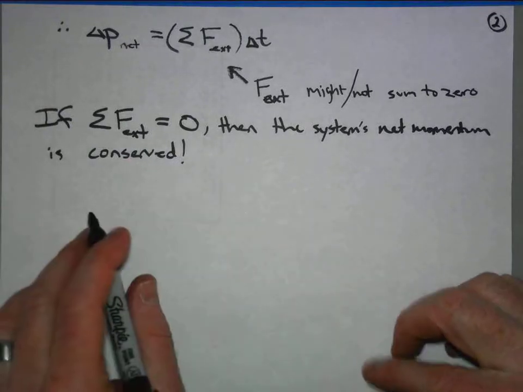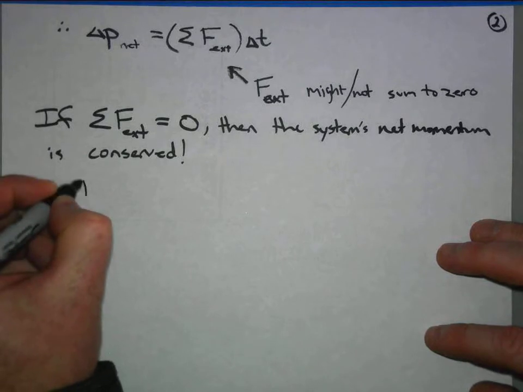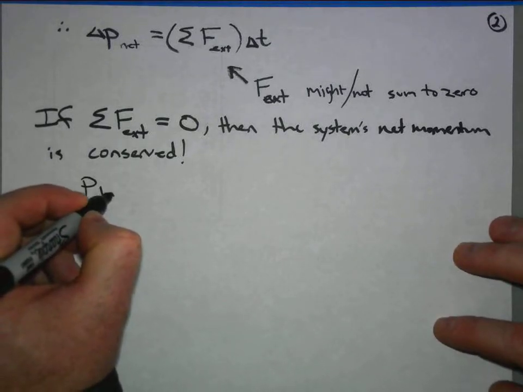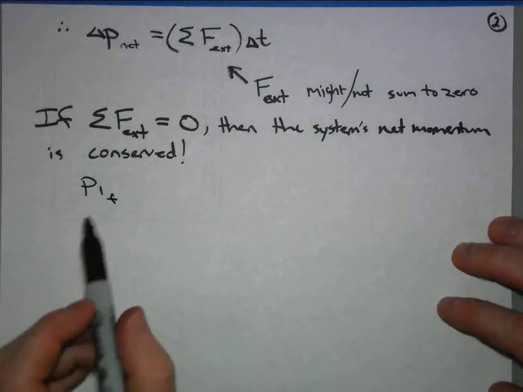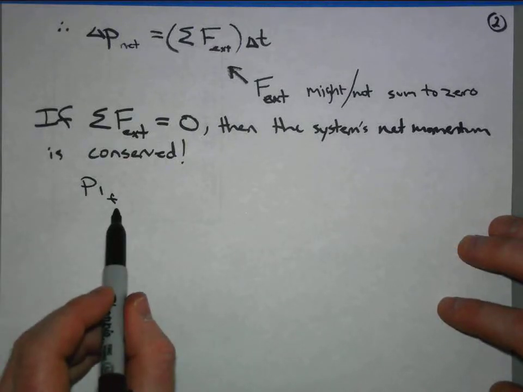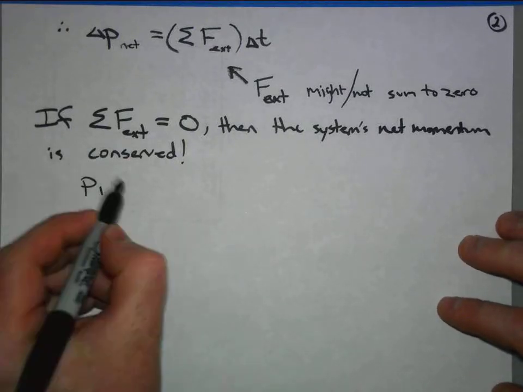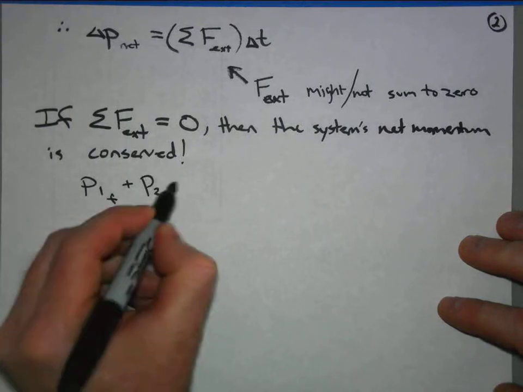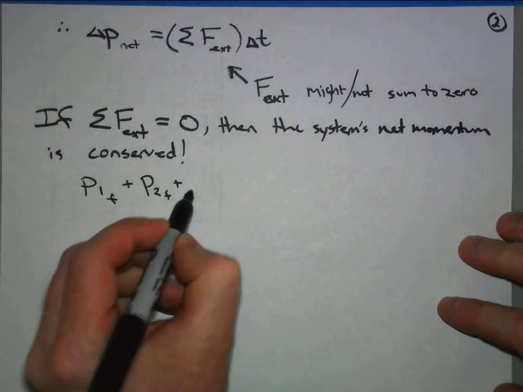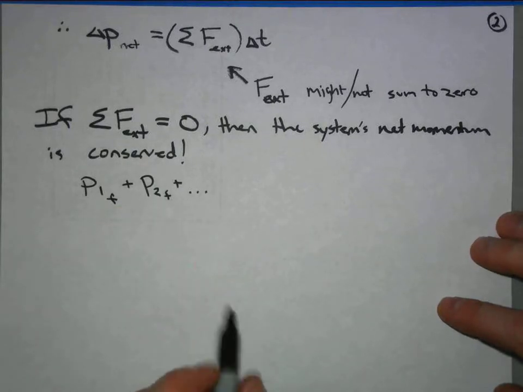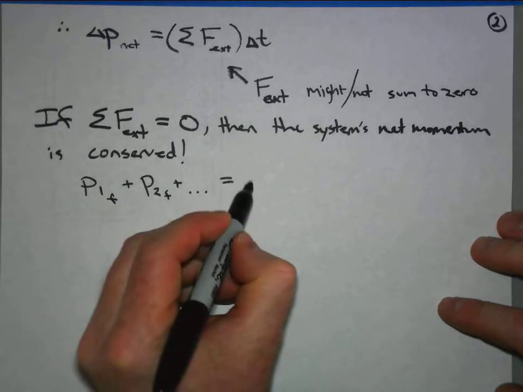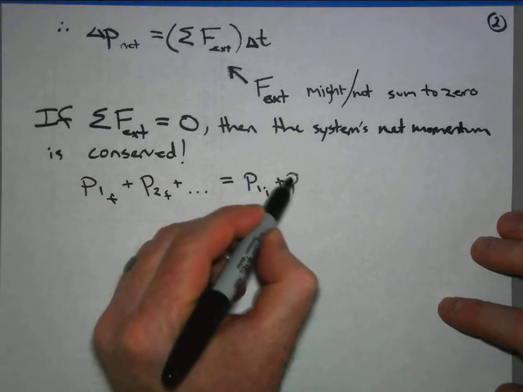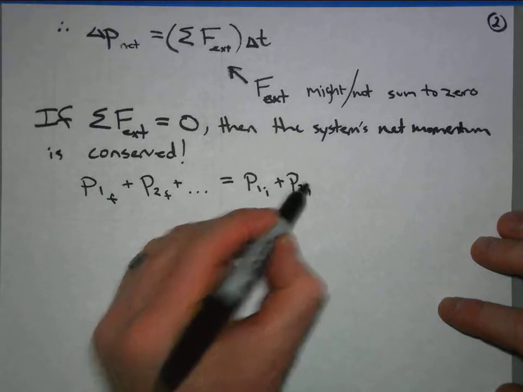Well, what this is saying, though, is that we can look at this and say the final momentum of object 1, after something happens, plus the final momentum of object 2, plus however many objects there are, is going to be equal to the initial momentum of object 1 plus the initial momentum of object 2.